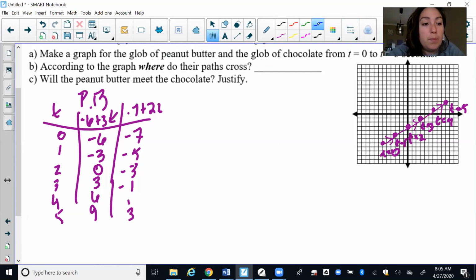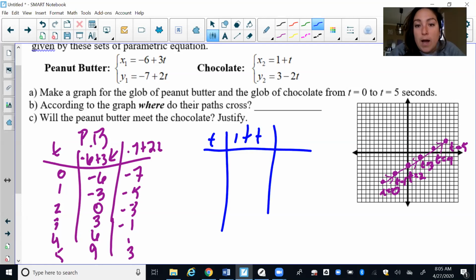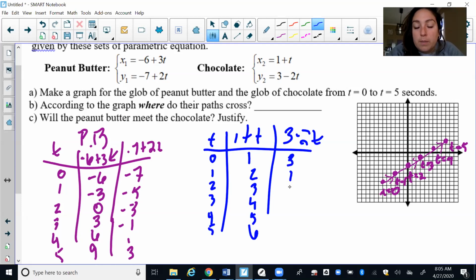So let's have the other one be blue. We have x, which is 1 plus t, and y, which is 3 minus 2t, and t is 0, 1, 2, 3, 4, 5. All right, so we have x values 1, 2, 3, 4, 5, 6, and then here we have y values 3, 1, -1, -3, -5, -7.